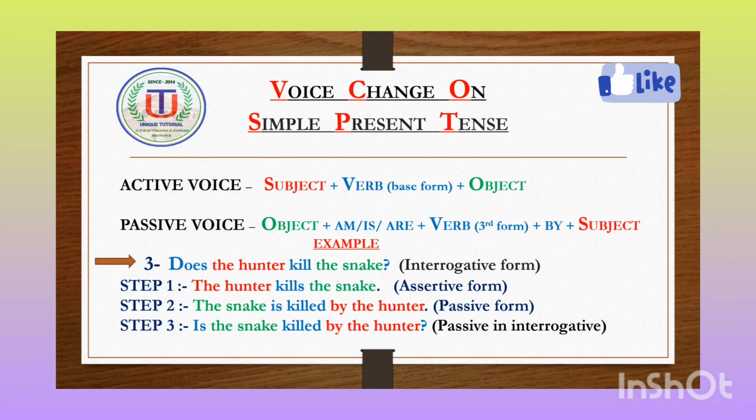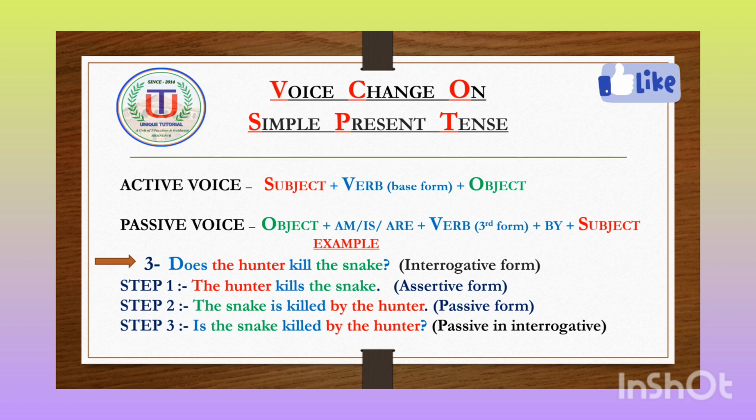There is another example that is also in simple present tense. Here the question is: does the hunter kill the snake? It is also in interrogative form. So I have to follow three steps to make it passive in interrogative form. The first step is to make it in assertive form. So the answer will be: the hunter kills the snake.